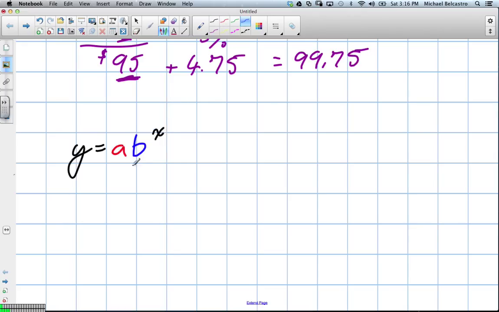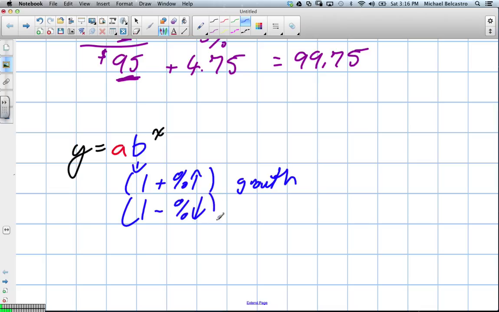And if we're talking about percentage increase and decrease, the b gets broken down into 1 plus the percentage increase for growth, or 1 subtract the percentage decrease for decay. So if we have a car that's depreciating, and a being what's called the initial value.